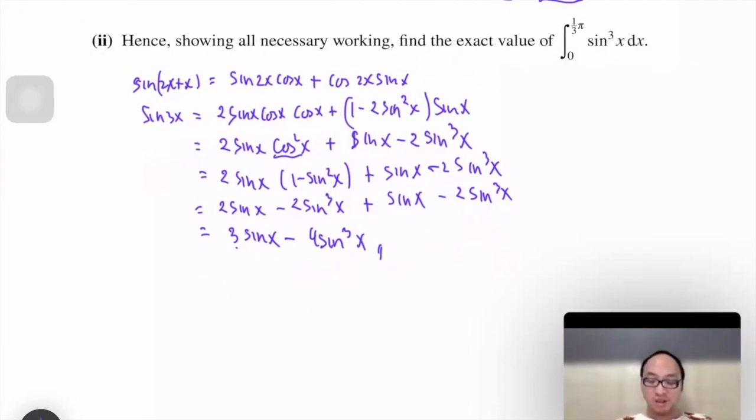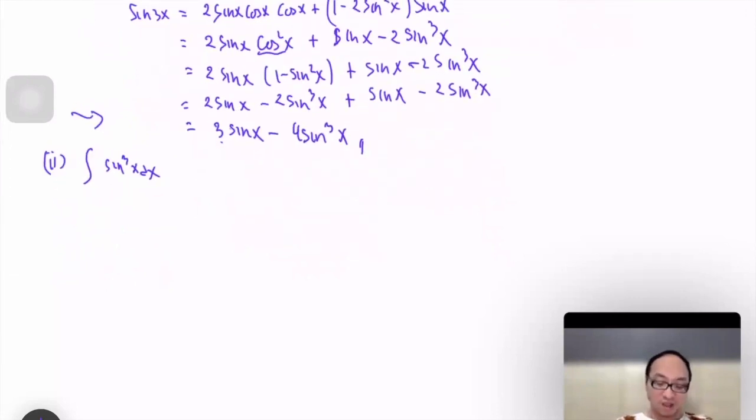Hence, showing all the necessary working, find the exact value of this. Now, integral of sine cube x dx, we can use our answer in here. Yeah. So what is sine cube x? So sine cube x is, yeah, from this sine 3x, that means sine cube x is 3 sine x minus sine 3x over 4.